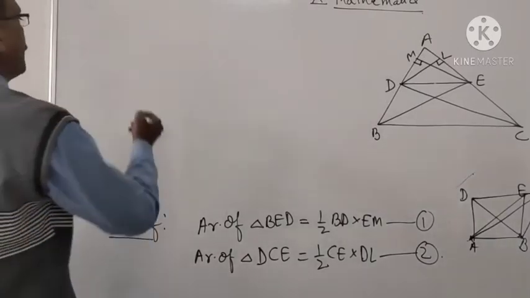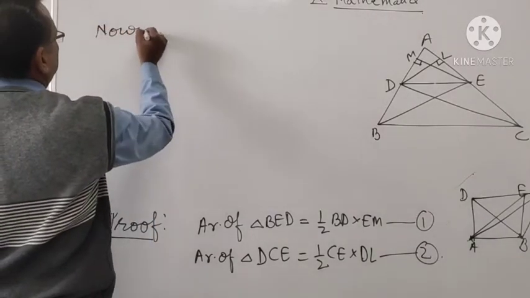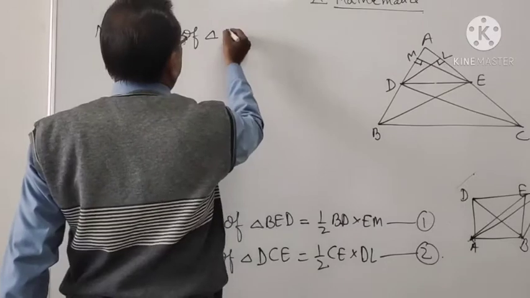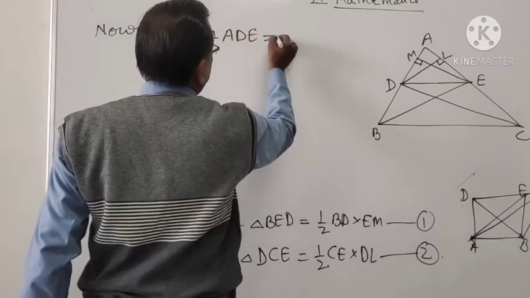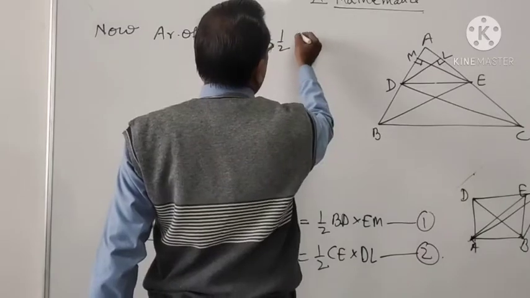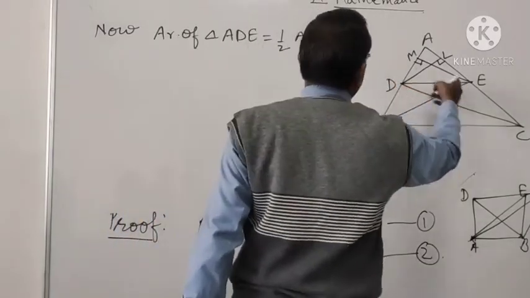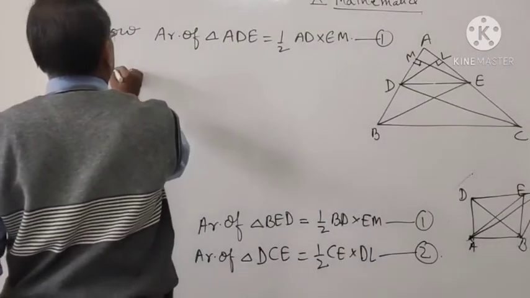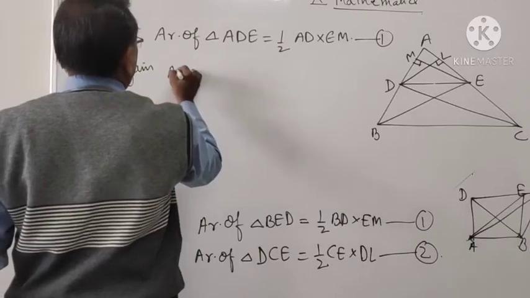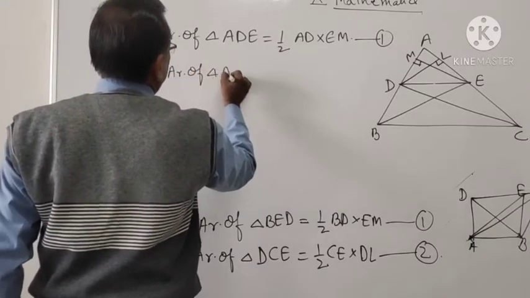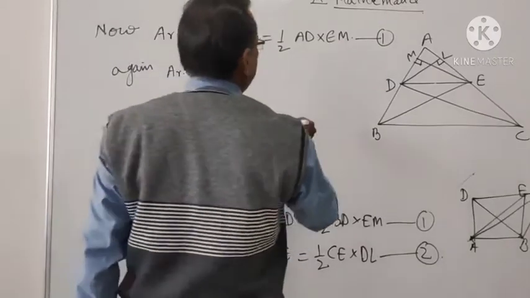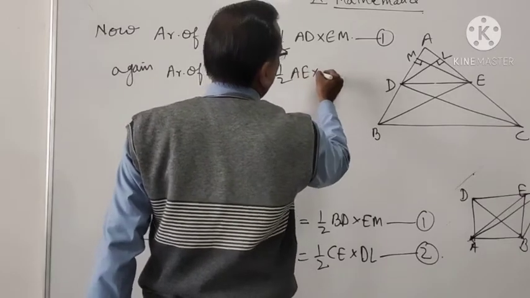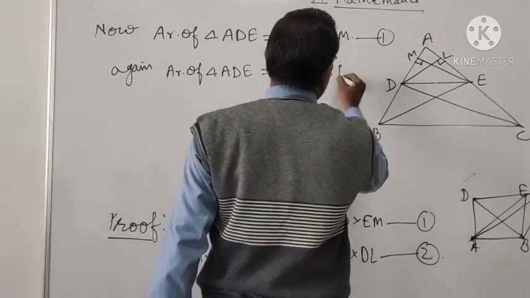Student, now the area of triangle ADE is half of AD into EM. Equation 3. Then again the area of triangle ADE is half of AE into DL. Equation 4.